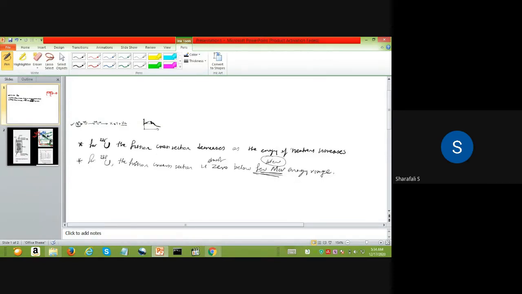For this particular case, uranium-238, we require high energy neutrons to have these fission reactions. That was the idea behind that.